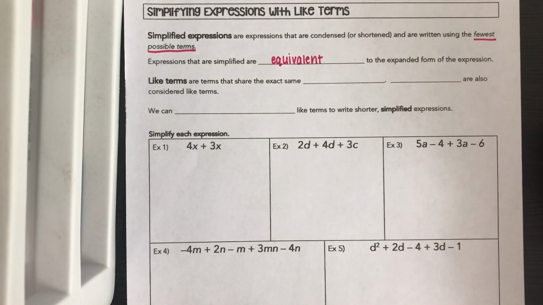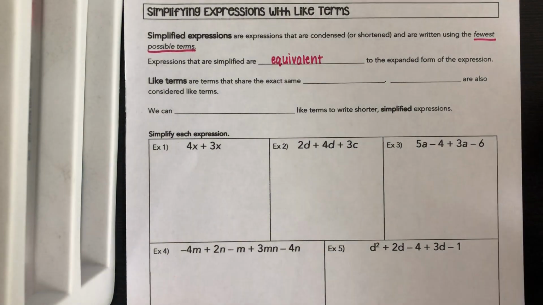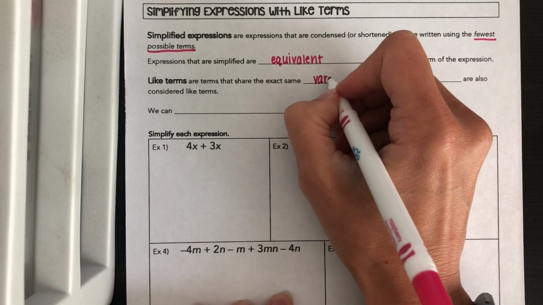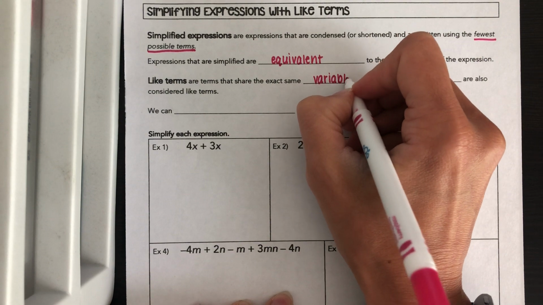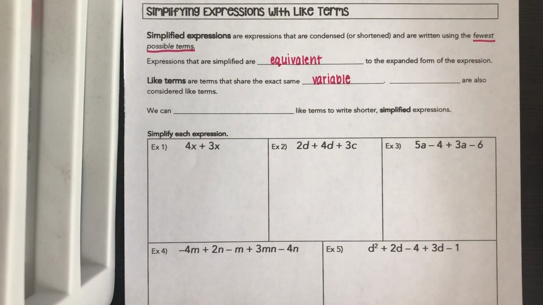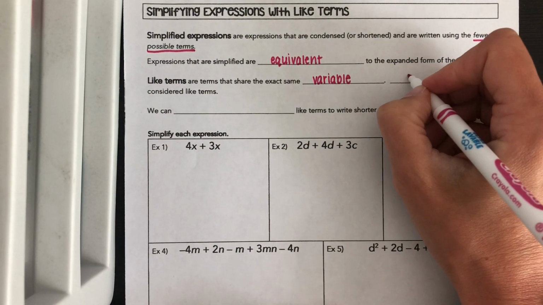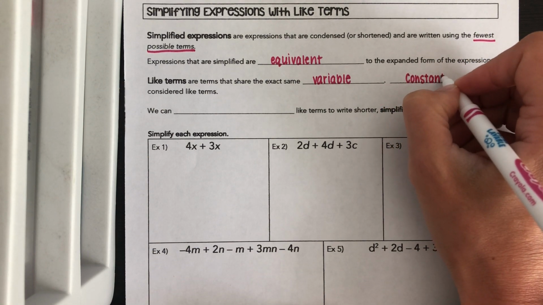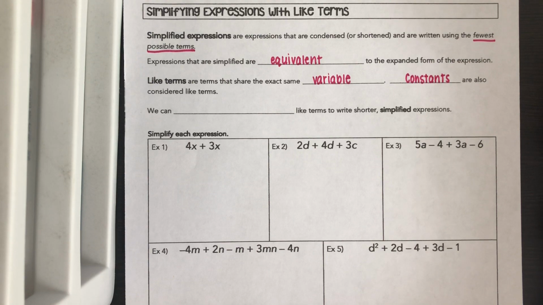So when we rewrite these expressions using fewer terms, we're not changing the value of the expression, we're just changing the way it looks. So like terms are terms that share the exact same variable. And we'll look at some examples of this as we work through examples below. Constants, those numbers without variables, those are also considered to be like terms.